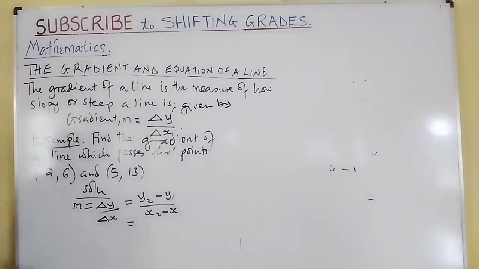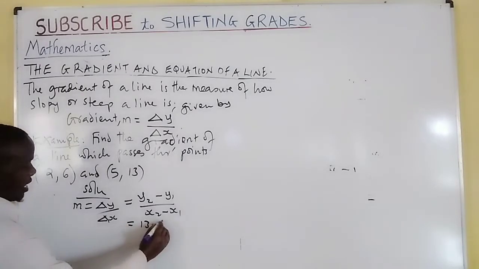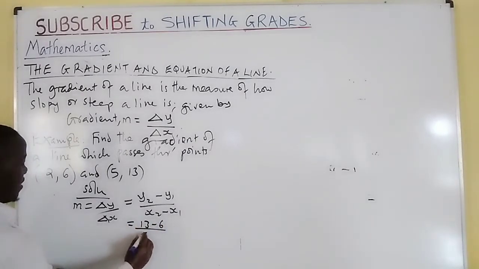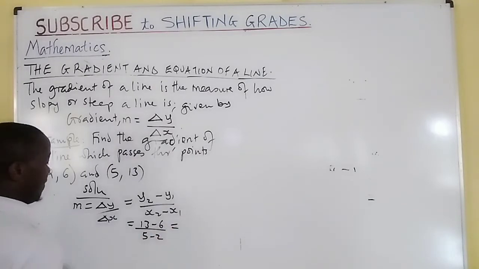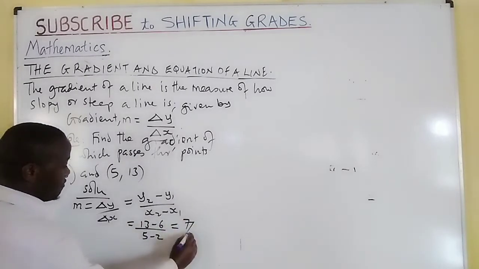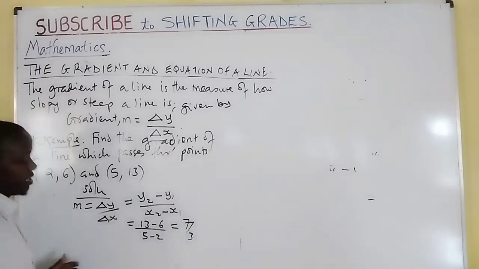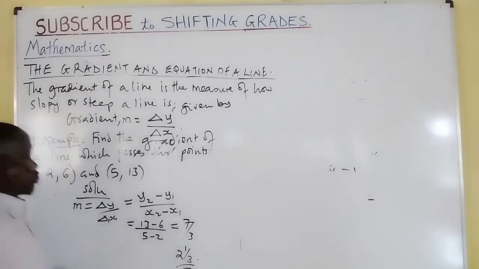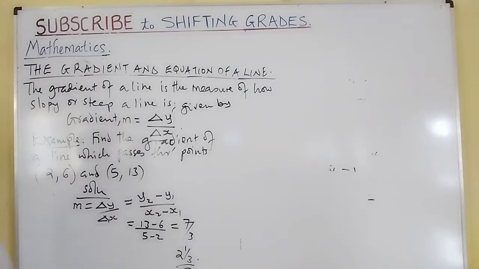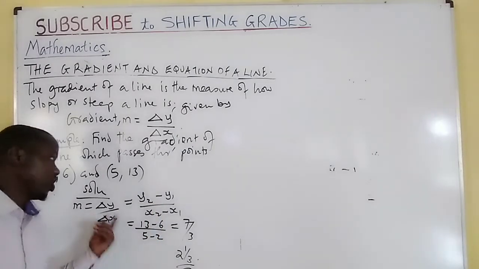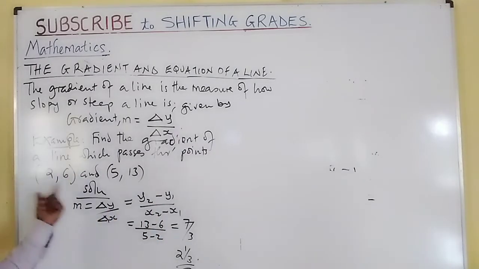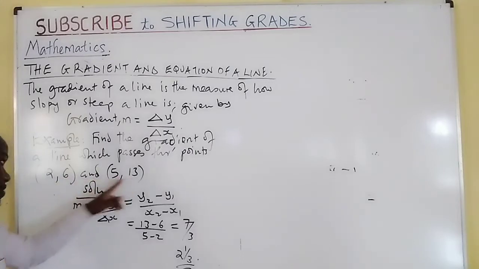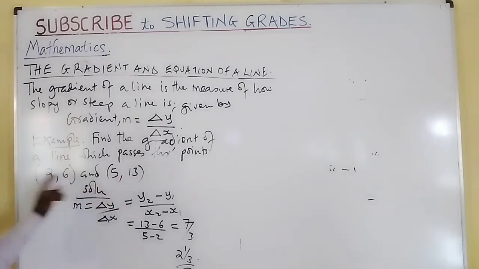Therefore, in this case, we get 13 minus 6 all over 5 minus 2, and this gives us 7 divided by 3. So 7 over 3 is the gradient, or 2 and 1 over 3. So that's how we get the gradient of a line: the change in y all over the change in x, how the y-axis has shifted divided by how the x-axis has varied.